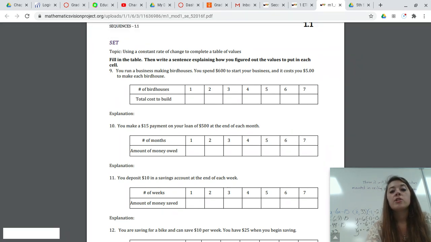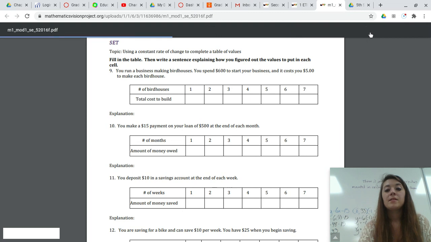Okay? So if we think about it, to make one birdhouse, how much is it going to cost? Well, we know each birdhouse costs $5 to make. So we know it's at least 5, but we spent $600 to start our business. So how much is that going to make that first birdhouse cost us? What do we think? $605.